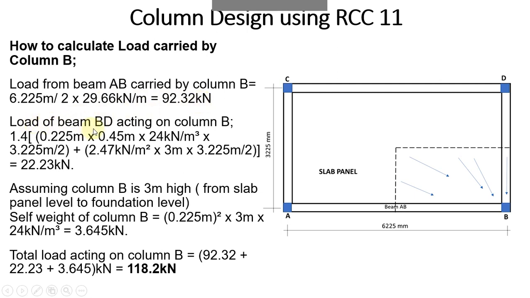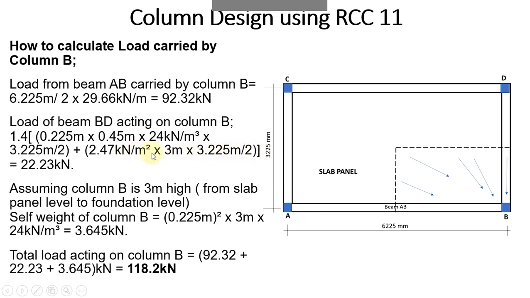So the load of beam BD acting on column B will be 1.4 times, in brackets, 0.225 times 0.45 meters times 24, then multiplied by 3.225 divided by 2, plus 2.47 kilonewton per meter squared times 3 times 3.225 over 2.